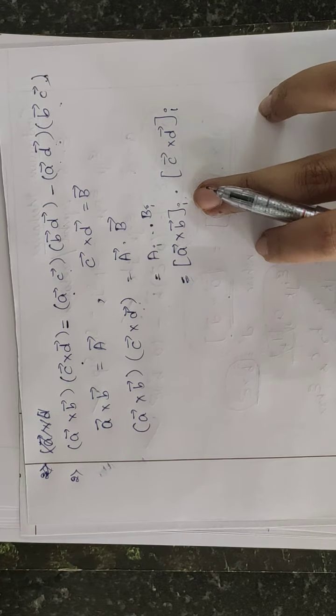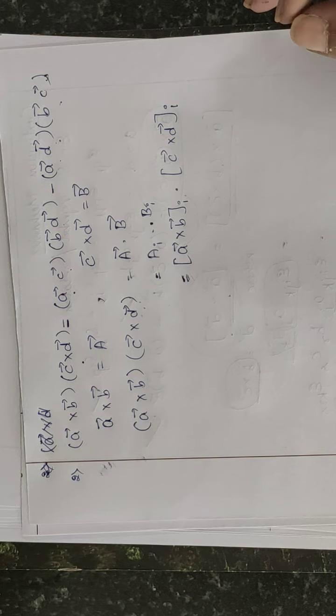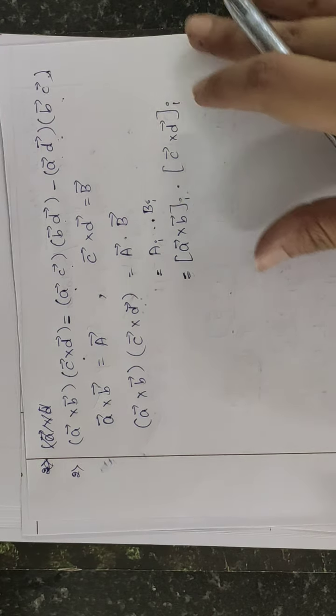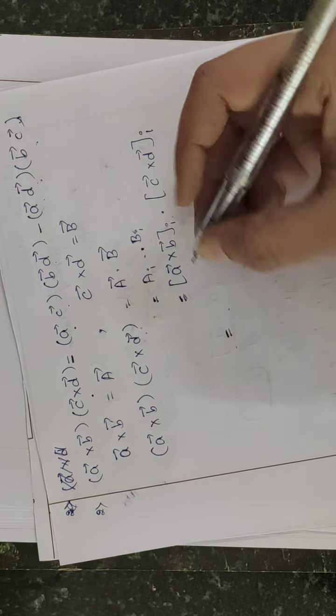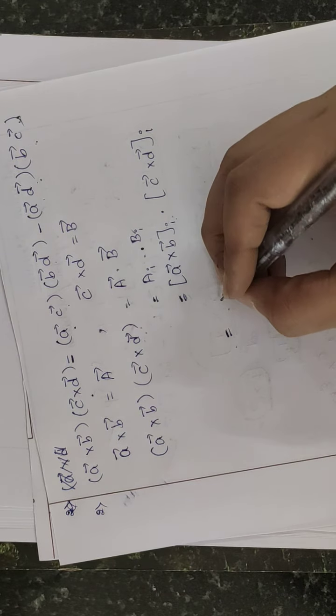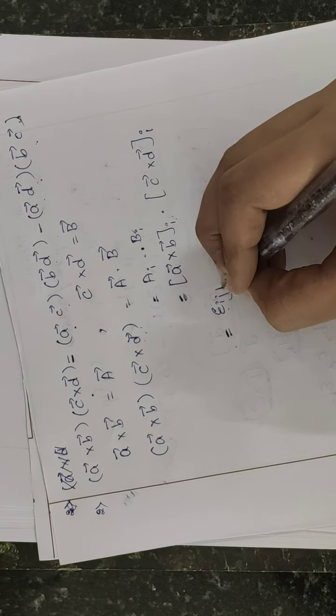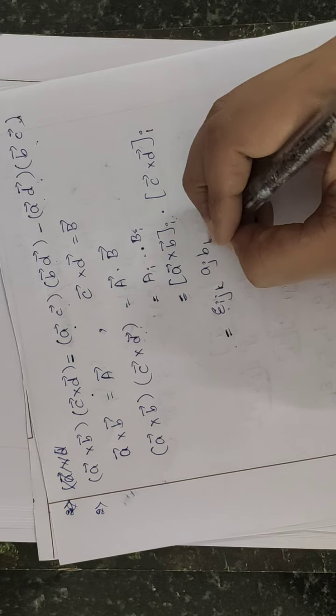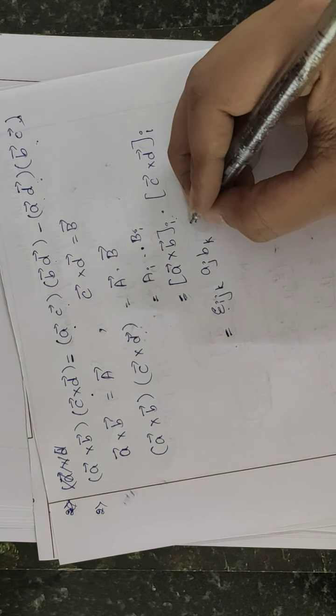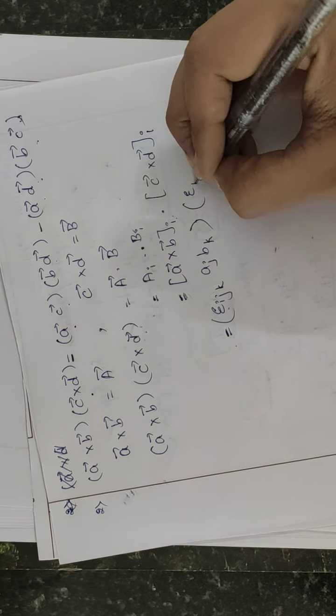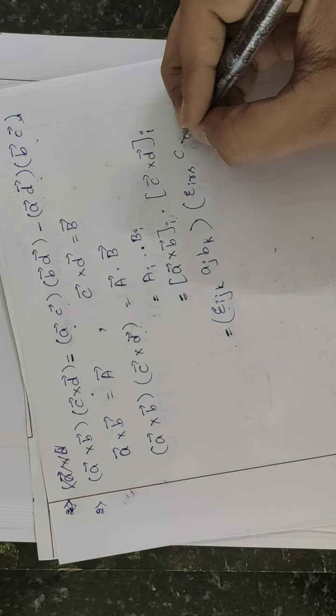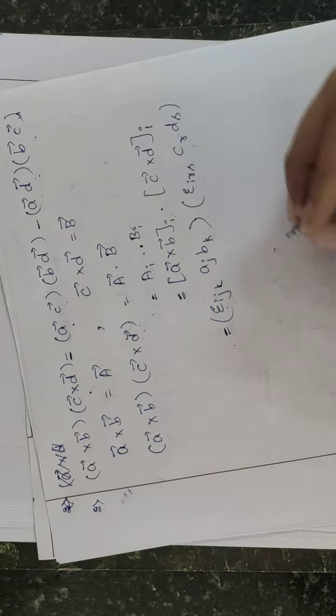Again we know these two values, right? We have seen the result for these two. So we can write vector A cross B for the ith component as epsilon ijk aj bk into epsilon irs cr ds.